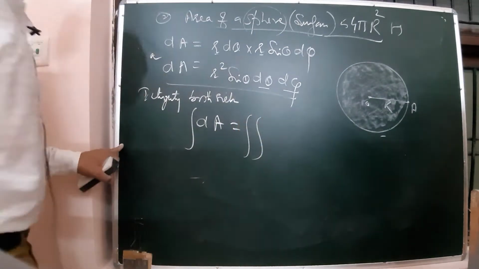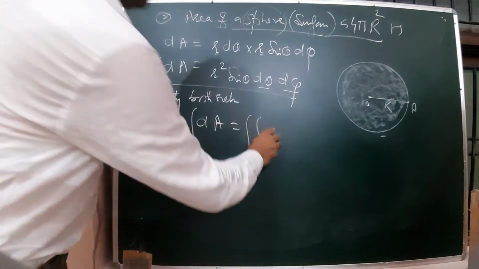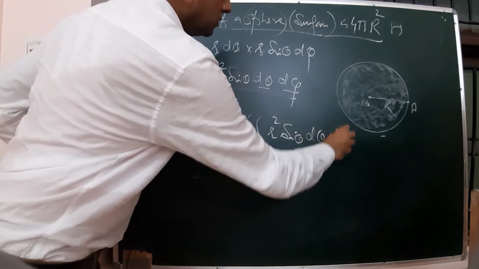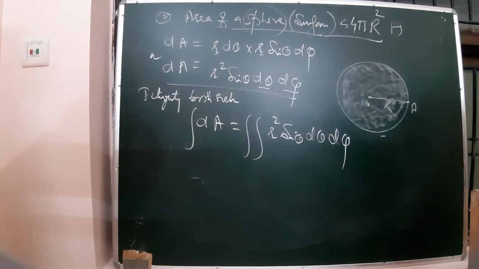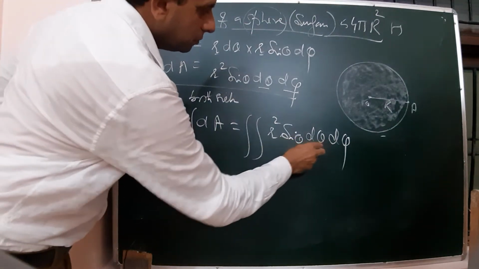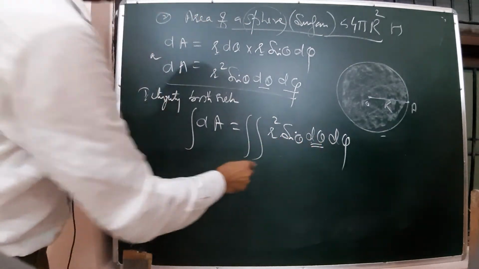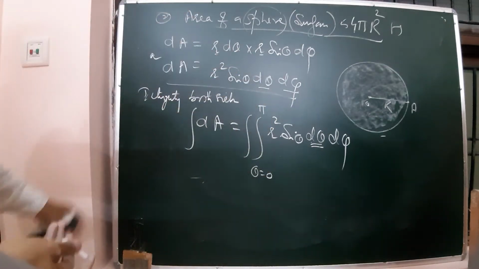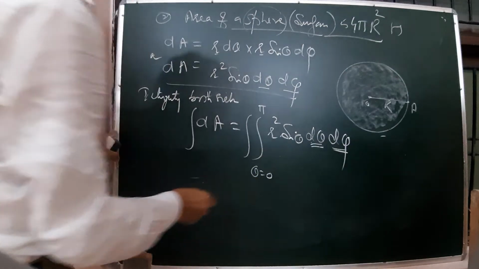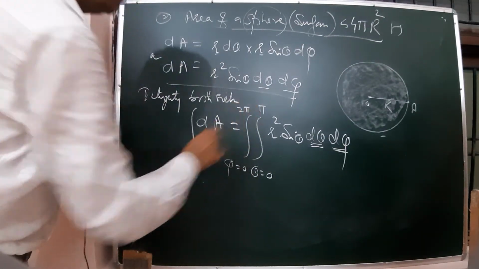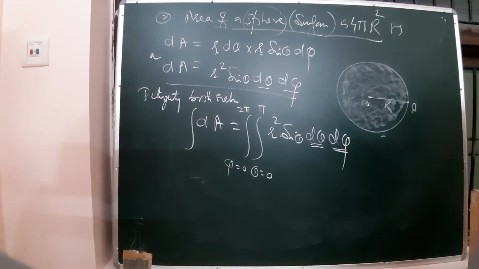So we have to take two integrations, that is r square sin theta d theta and d phi, this one. And what are the limits? The first integral stands for theta. So theta varying from 0 to pi, I have already written, and the second integral is for phi. So phi varying from 0 to 2 pi. So these are the limits for sphere.